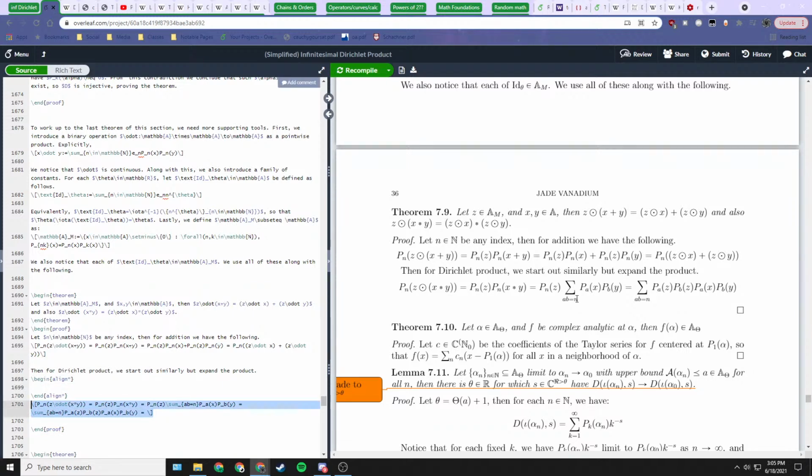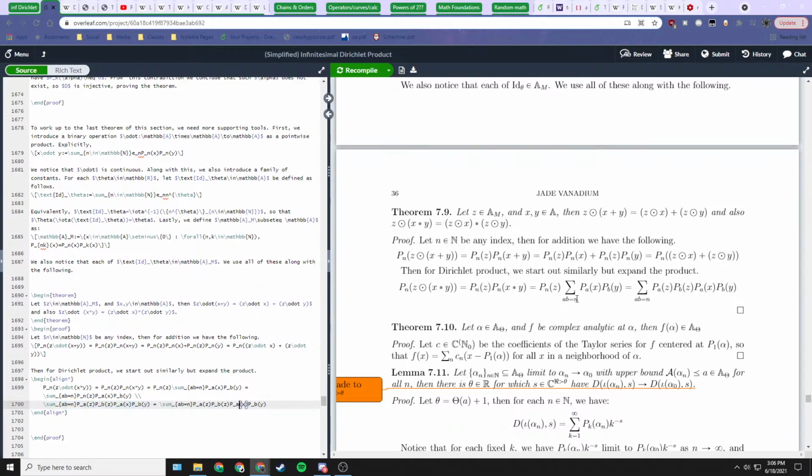Actually, we can be a bit more explicit with this. We pull in the summation of p sub n of z, and then we have p sub a of z, p sub b of z, and then we just rearrange that.